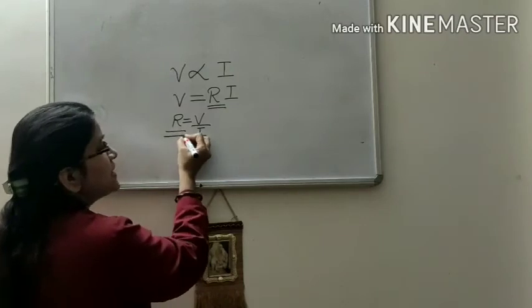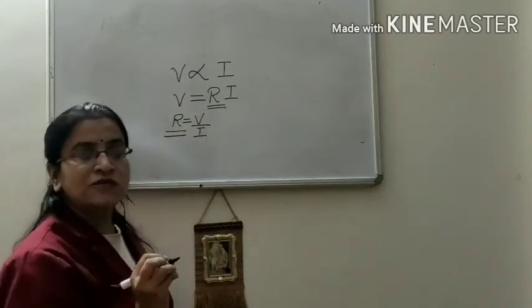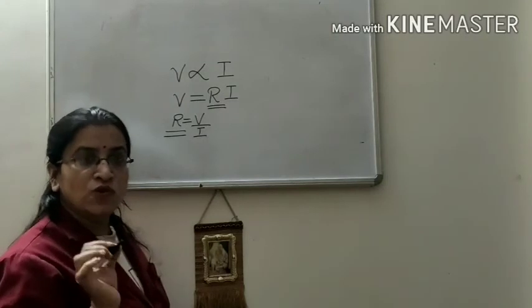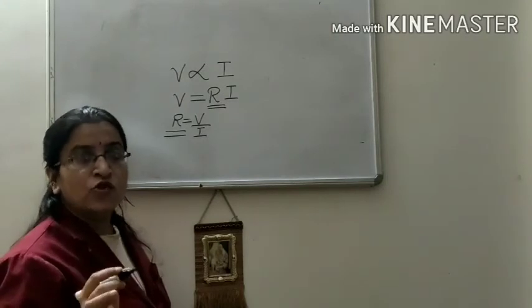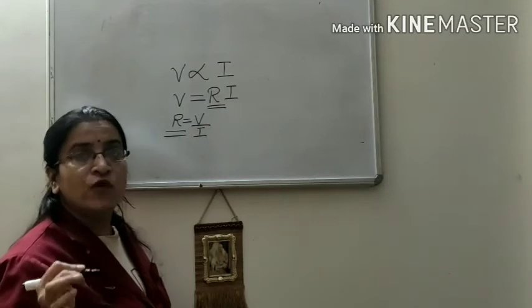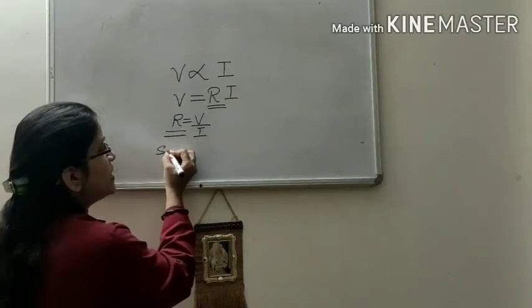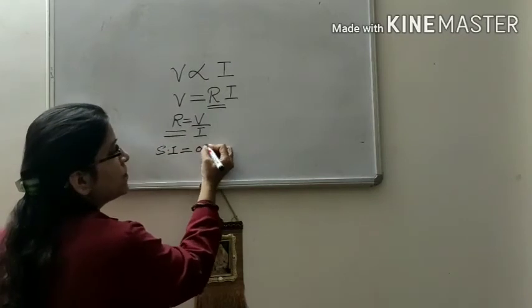What is this resistance? Resistance is a term which is used to measure the obstruction in flow of current, and its SI unit is ohm.